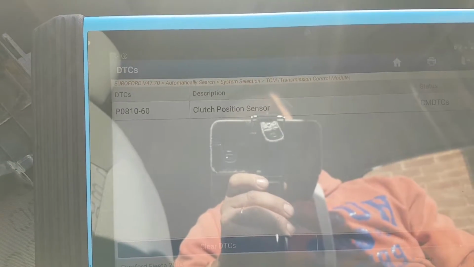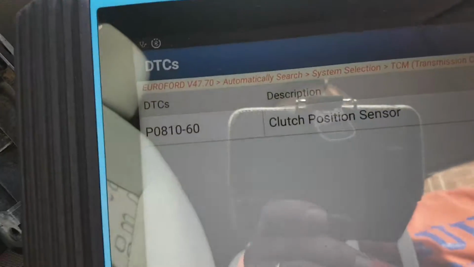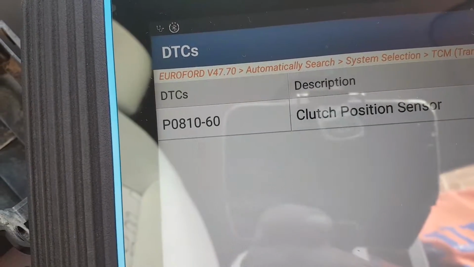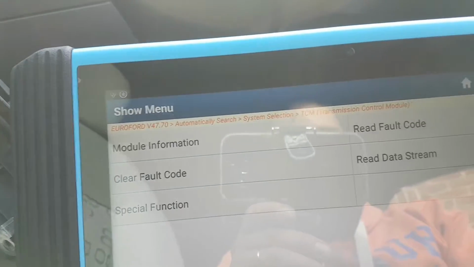Okay, and I know there is a little bit of glare, but under transmission, there we have P0810-60 clutch position sensor. This code does not go away.